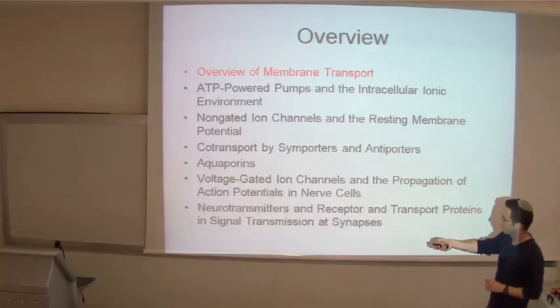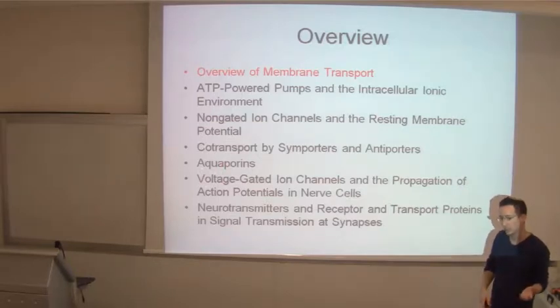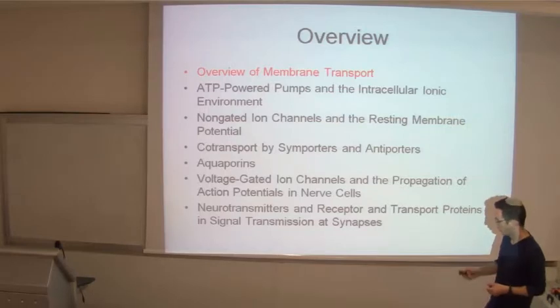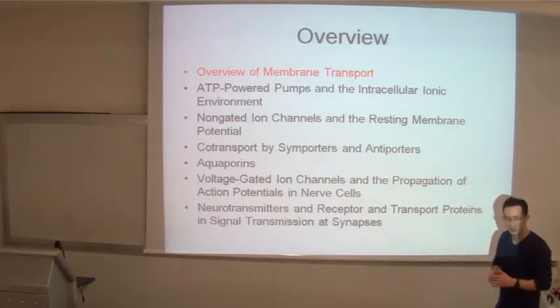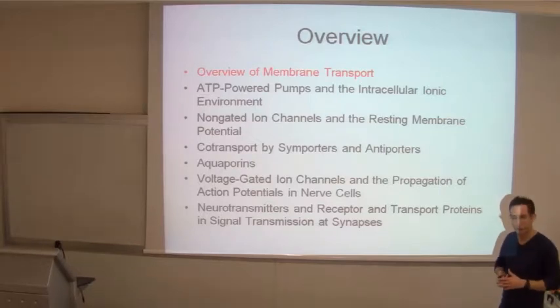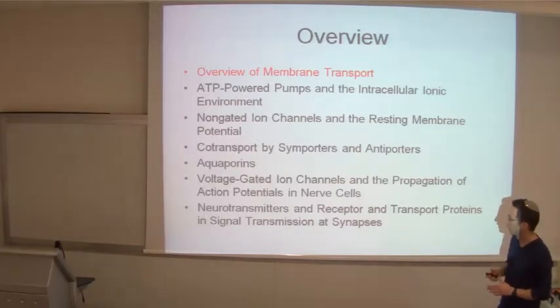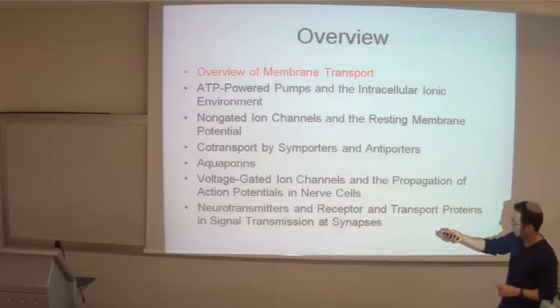Then we focus on voltage-gated, as opposed to non-gated, ion channels. There are gated ion channels with a gate component that's affected by different features: stretch, mechanical pressure, or the electrical potential, the voltage.